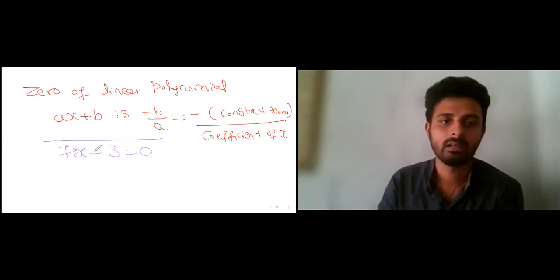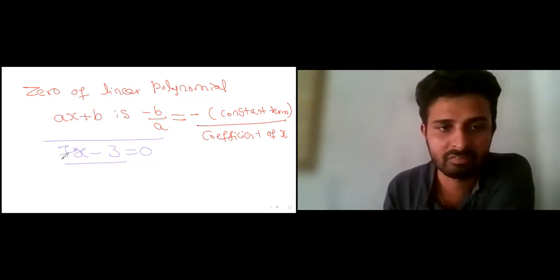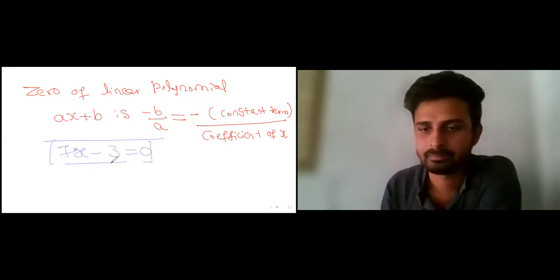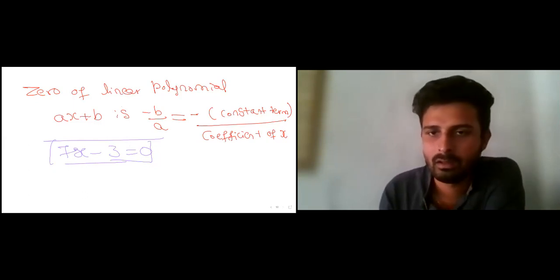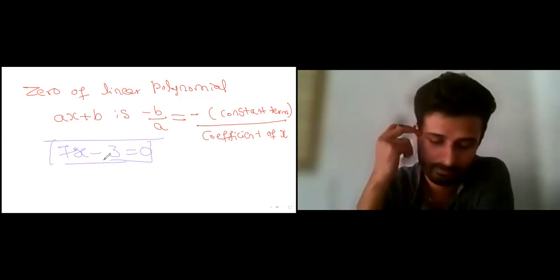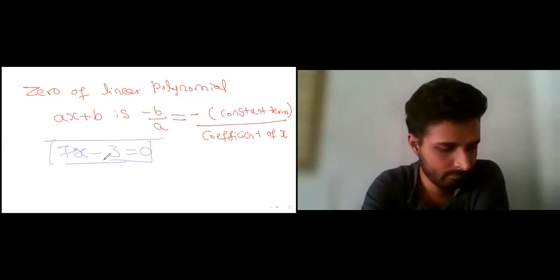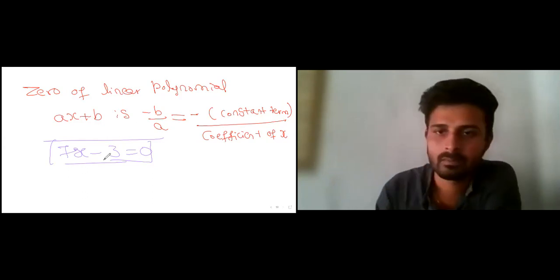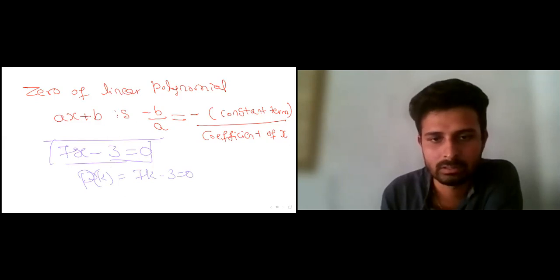Okay. If I want to find the zero of this expression, how do I find it? P of k is equal to 7k minus 3 is equal to 0. That is, k is equal to 3 by 7.